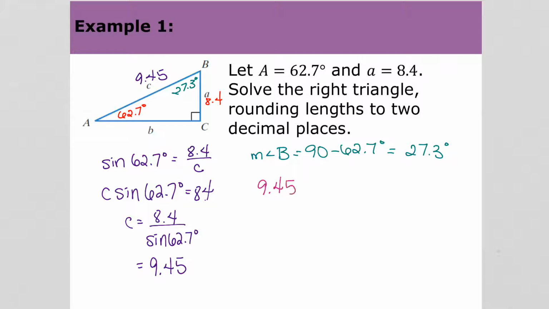We've got the hypotenuse squared equals side a squared plus b squared.